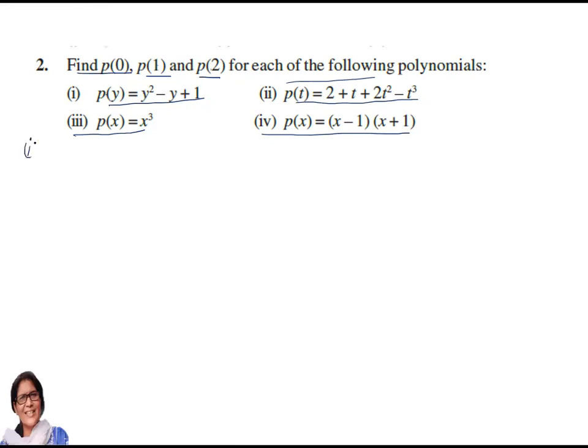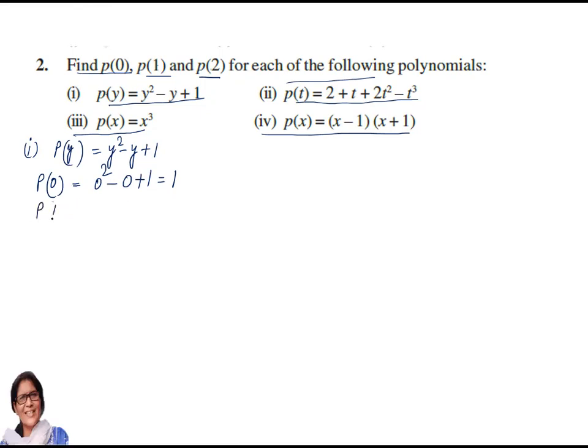First I'm taking P(y) is equal to, that means this is polynomial in variable y. First I'll write P0. P0 means I'll put 0 in place of y. So 0 square minus 0 plus 1. How much is the answer? 1. Next I'll go for P1.